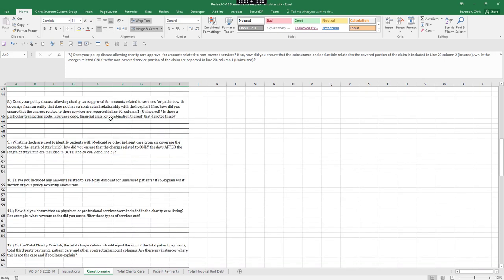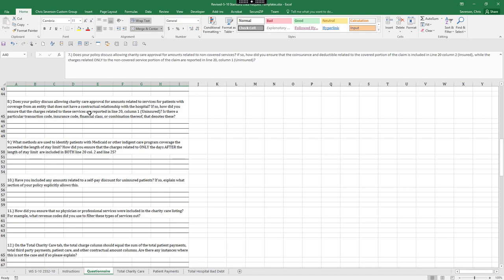Question 8, does your policy discuss allowing charity care approval for amounts related to services for patients with coverage from one entity that does not have a contractual relationship with the hospital? So you might consider that patient insured, but the insurance does not work at your facility. There's no contractual relationship.